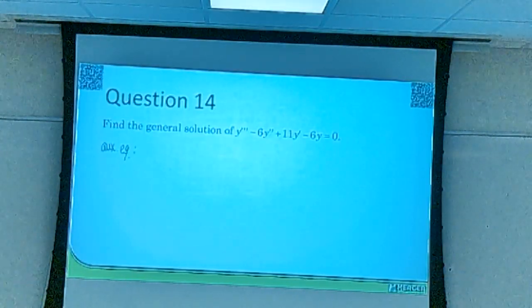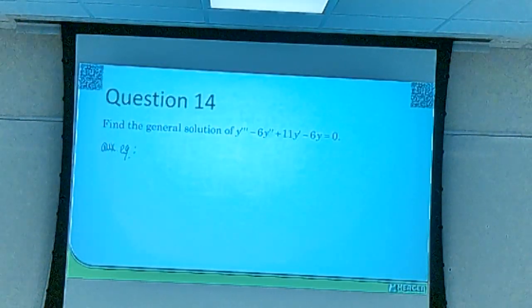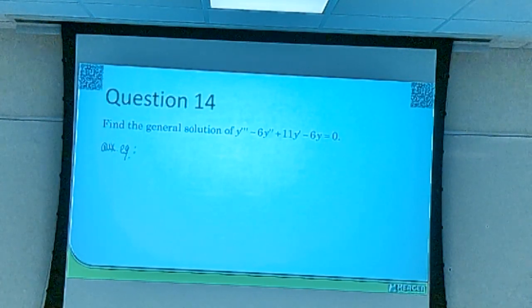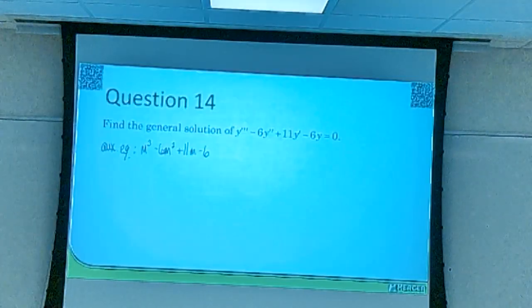What is the auxiliary here? m cubed minus 6m squared plus 11m minus 6 equals 0.